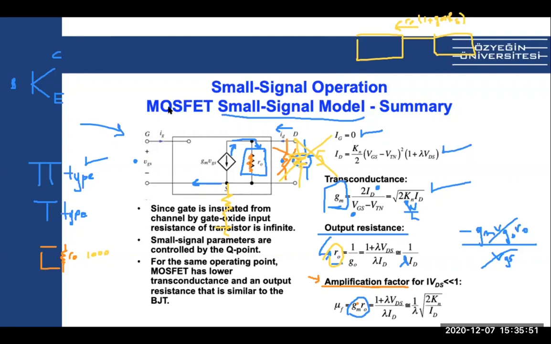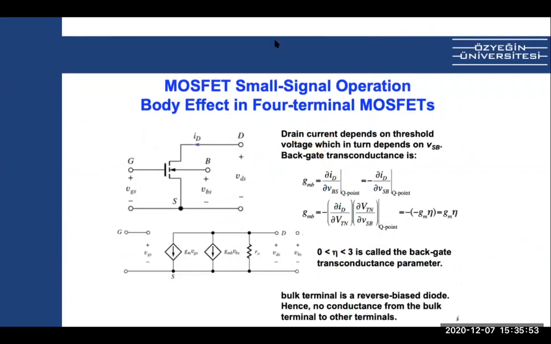Let's go to the next slide. So there is this body. Now we are introducing another terminal called the body terminal. So this is the source, this is the drain, this is the gate, and the body is connected to another location in the 3D structure of the CMOS.